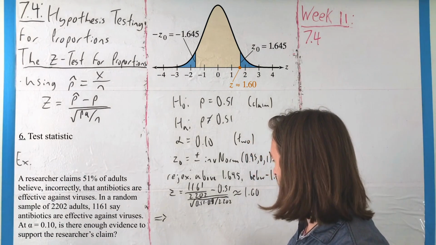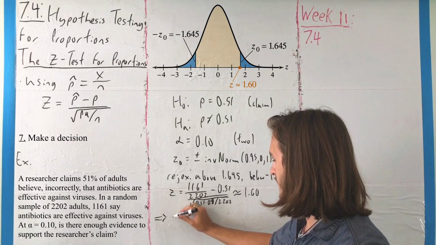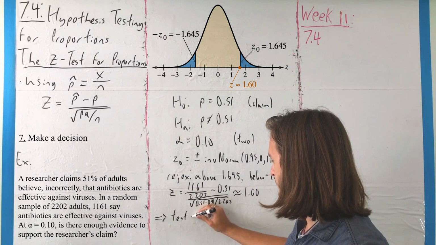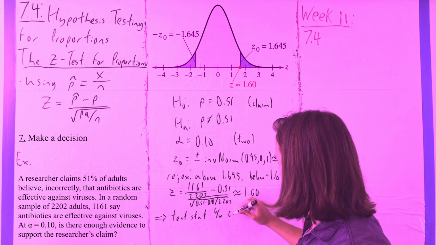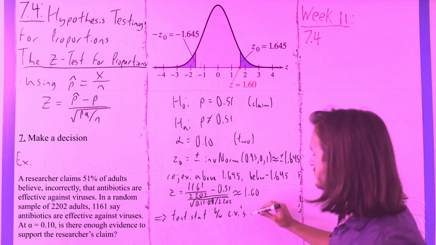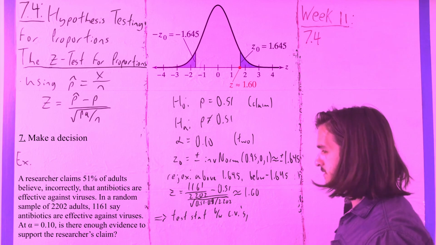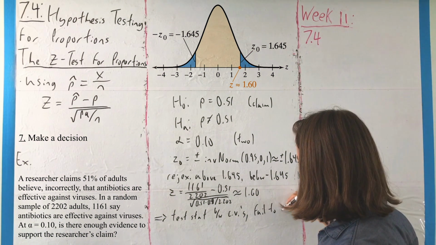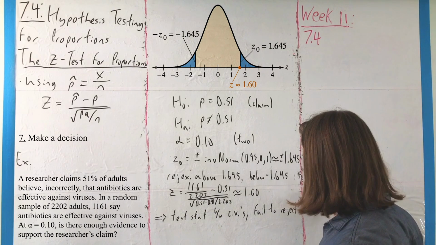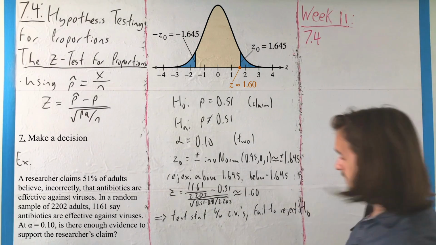So, because our test statistic is between the critical values, which I'm just going to abbreviate CVs, we would again fail to reject our null hypothesis.